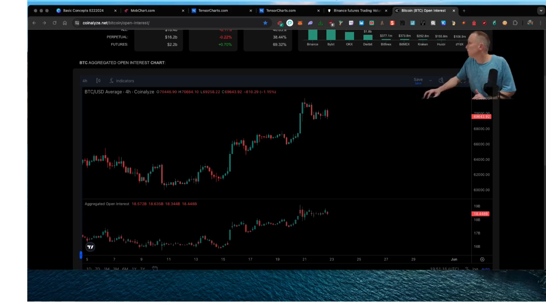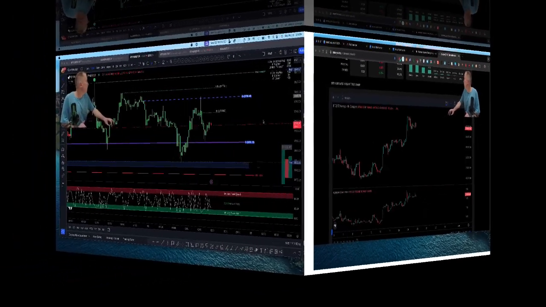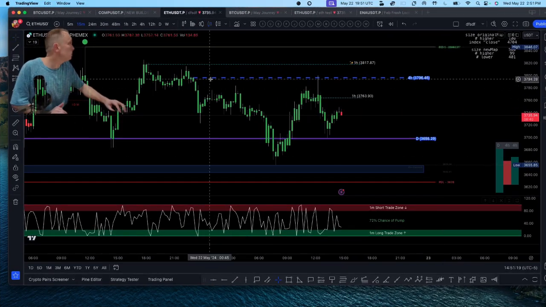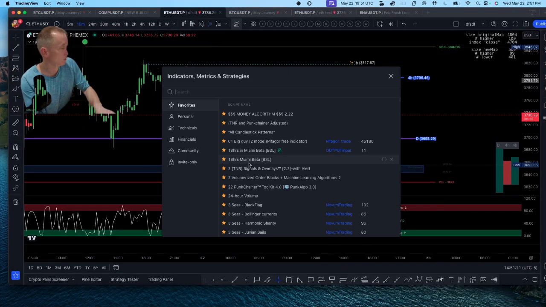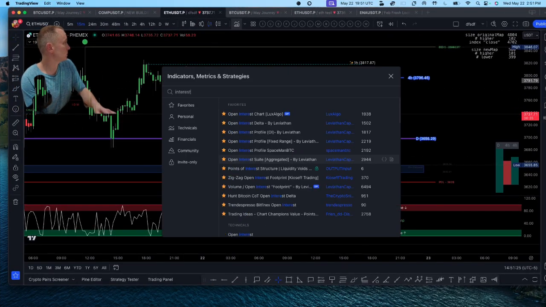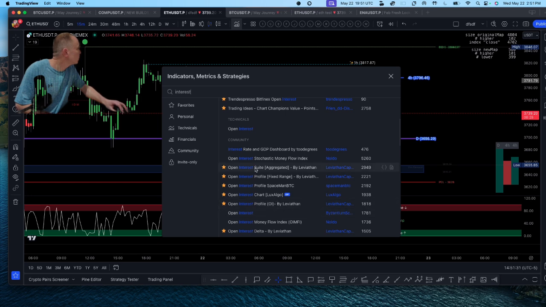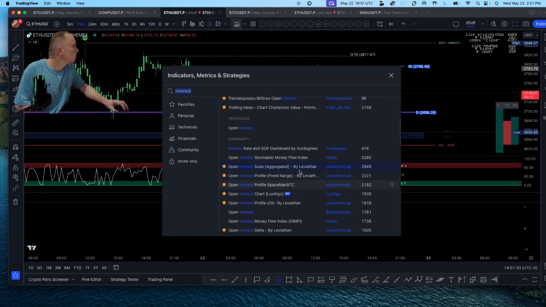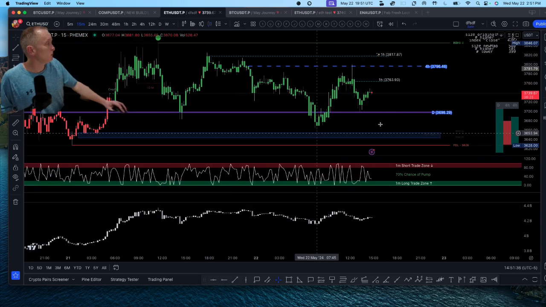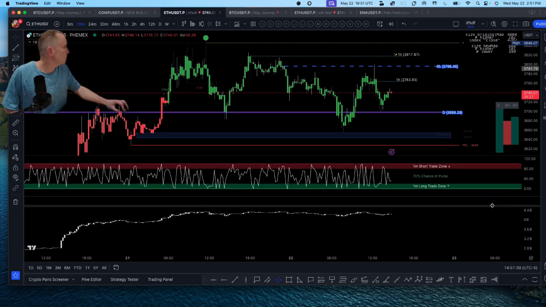So here, let me show you another example. Let's look at this even on TradingView. I don't know if a lot of y'all can use open interest in TradingView, but okay, yeah. So you can get open interest here in TradingView.